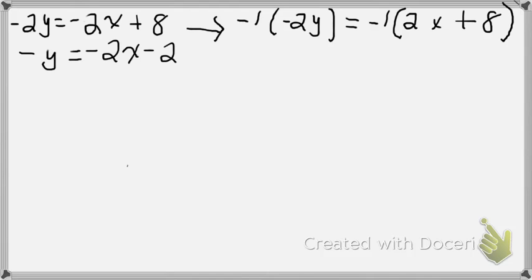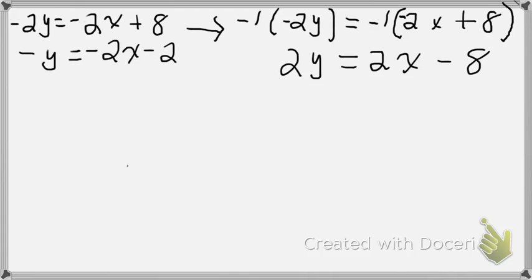So this gives us negative 1 times negative 2y, or positive 2y on the left side. And then if we distribute the negative 1 over the negative 2x plus 8, that leaves us with 2x minus 8.